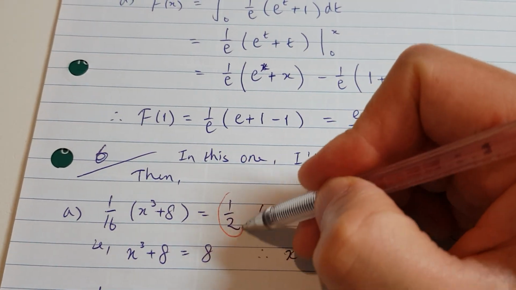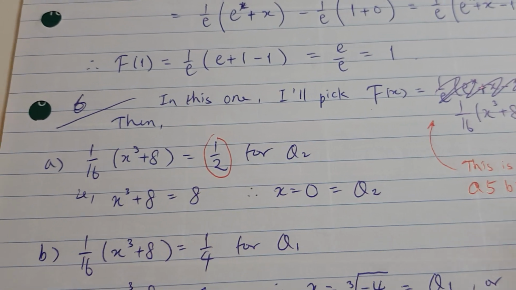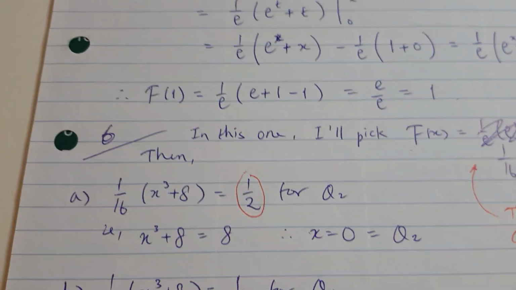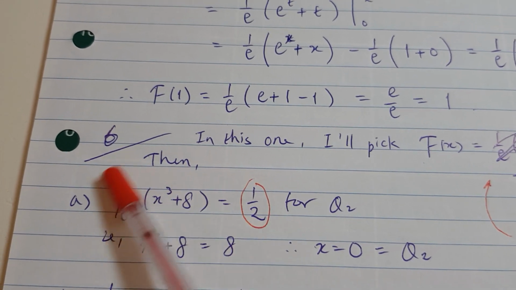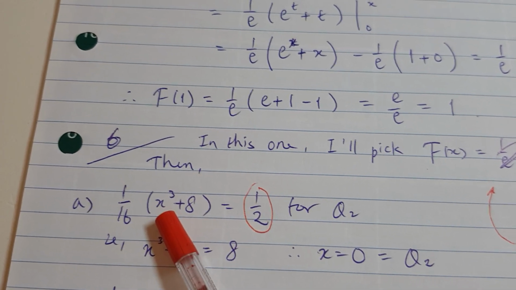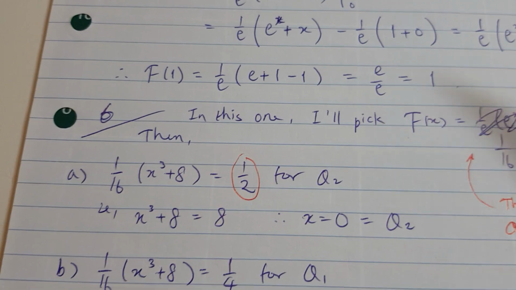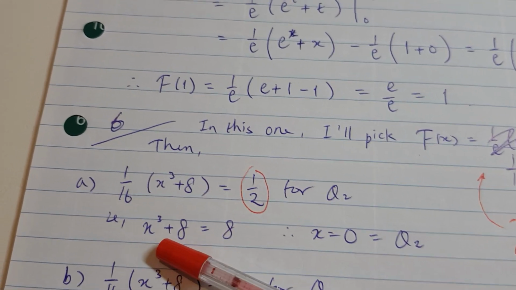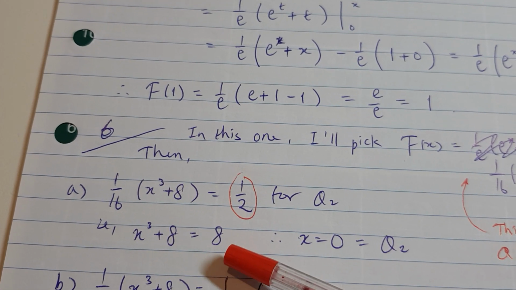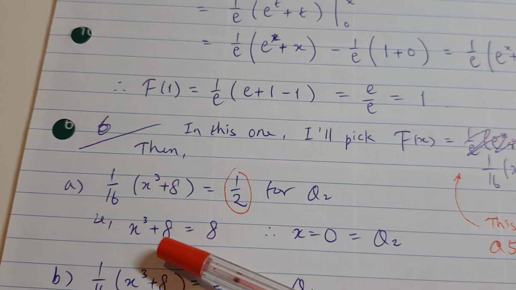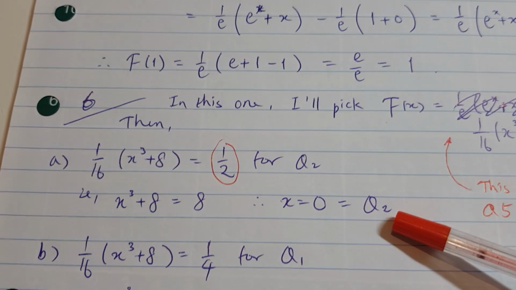That's important, because Q2, the median, is the 50% mark in the distribution of the data. So that's the cumulative function, the big F of x, equal to half. Now this is basically solving an equation. Though it's a cubic, it's not too bad because x cubed plus 8 gives you 8, and therefore x cubed has to be 0, or x equals 0. So that's your Q2, the median.